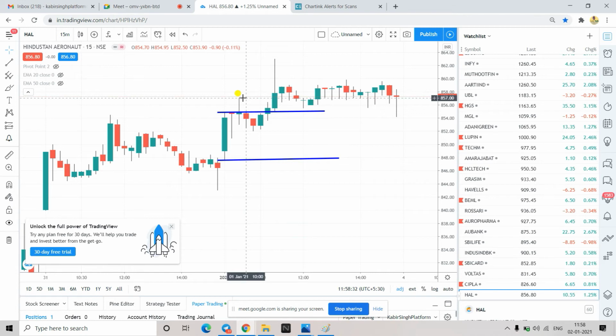This part clear? Yes, Kabir. You have to enter with the trigger order, otherwise you will be waiting for the price to cross above it, and by the time it crosses you will miss the opportunity. So you have to be a little advanced, place a trigger order and leave it. That's the best way of taking a trade based on it.